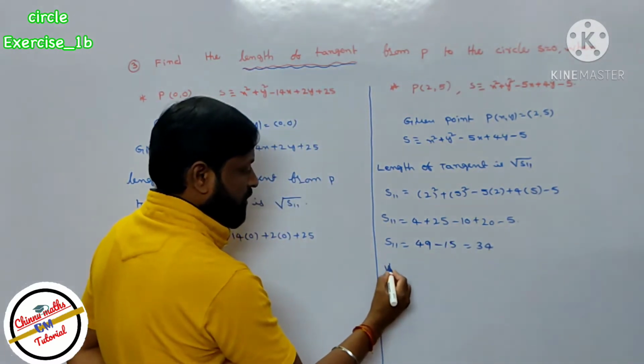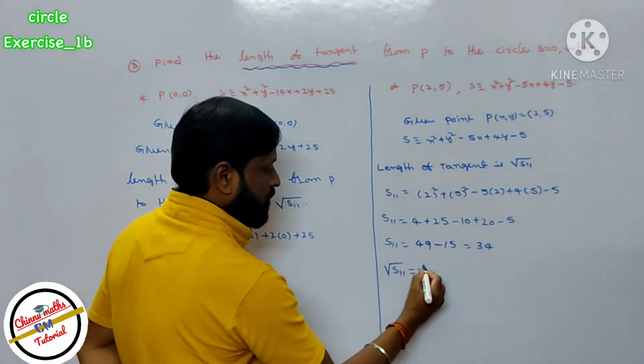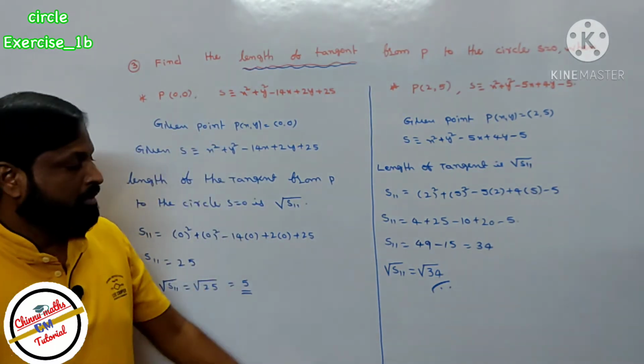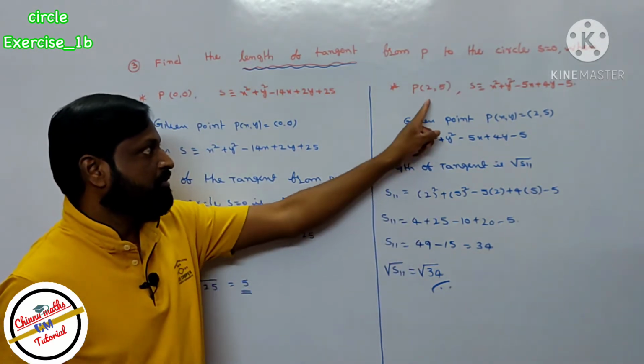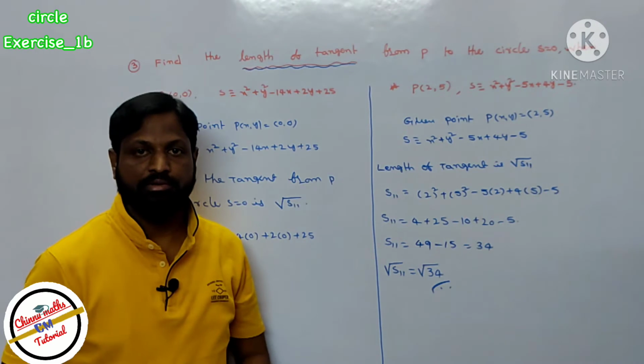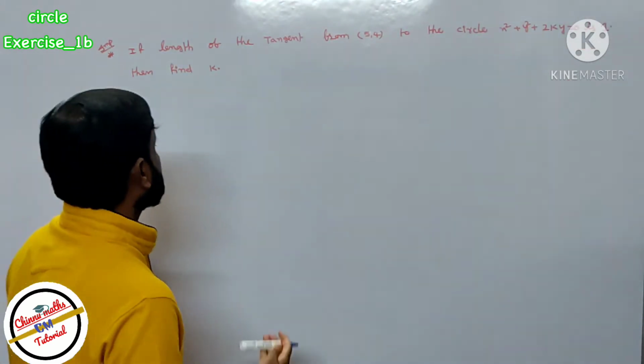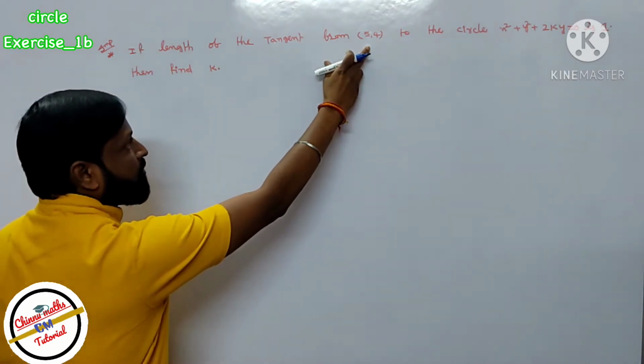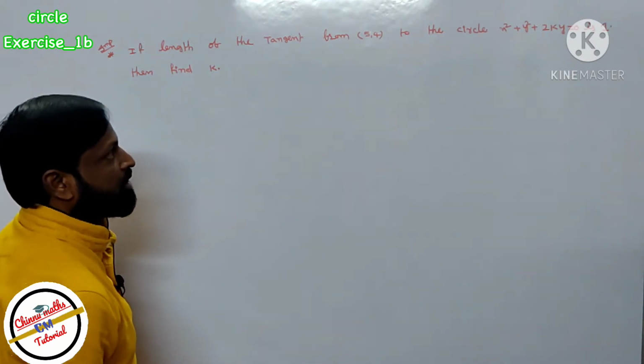But you have to find root of S11 equal to root of 34. The root of 34 is the length of the tangent from the point P to the given circle.